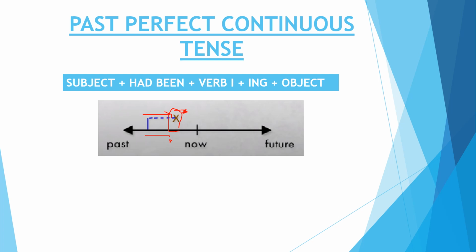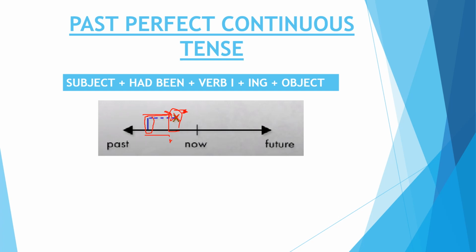So when we talk about two actions in the past, and the first action, which started earlier, is still continuing, and in the middle of that another action took place, but the first action is still continuing, for that we use the past perfect continuous.